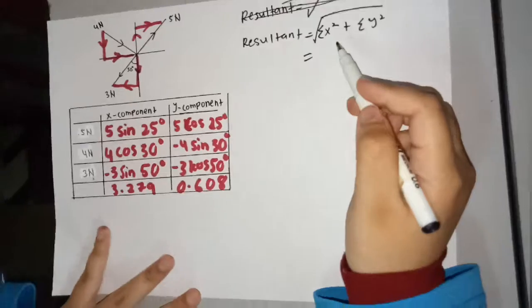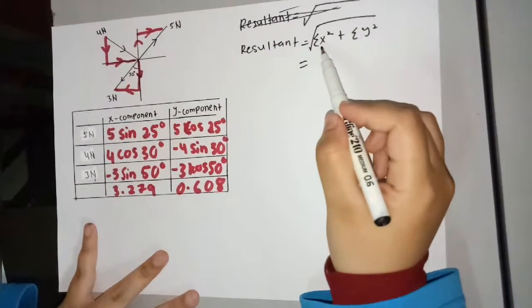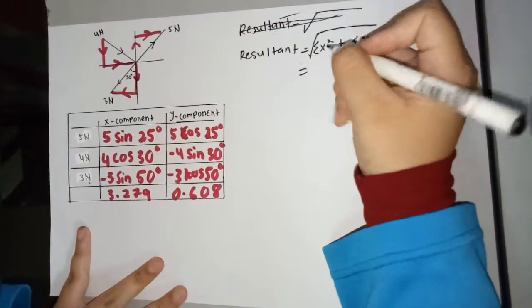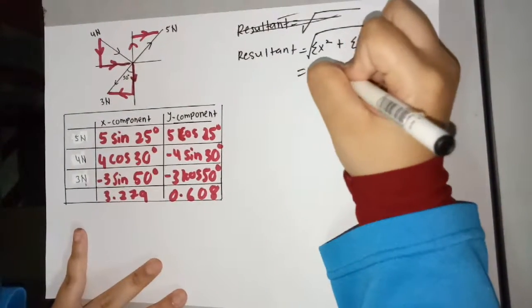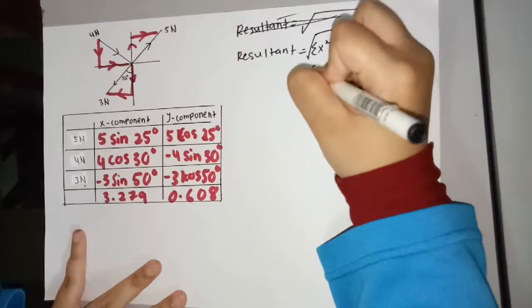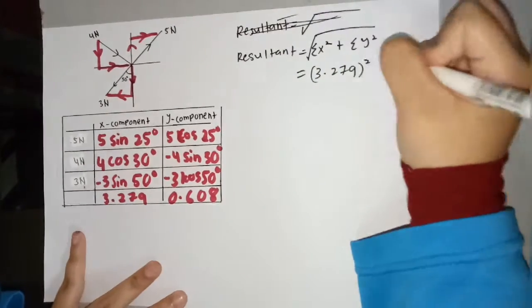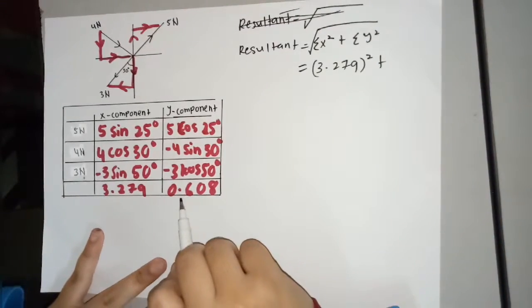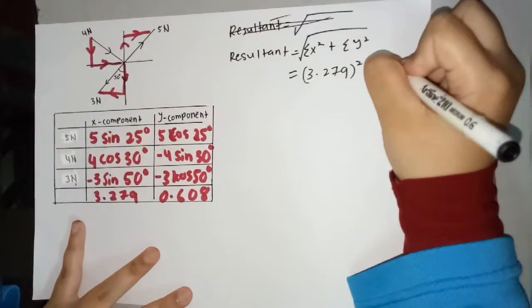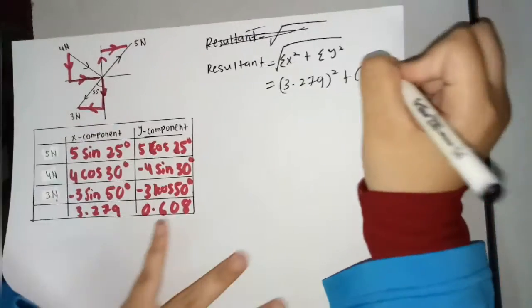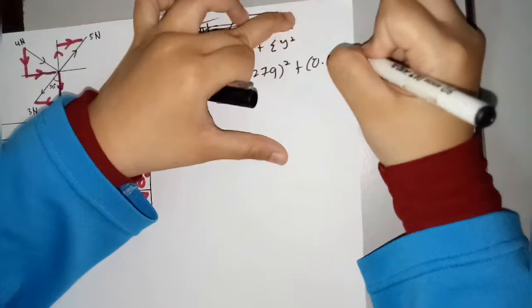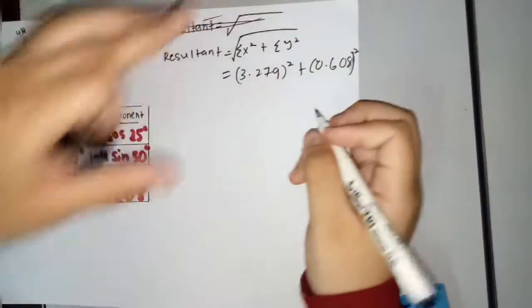So the total of x component is 3.279 square plus the total of y component 0.608 square.